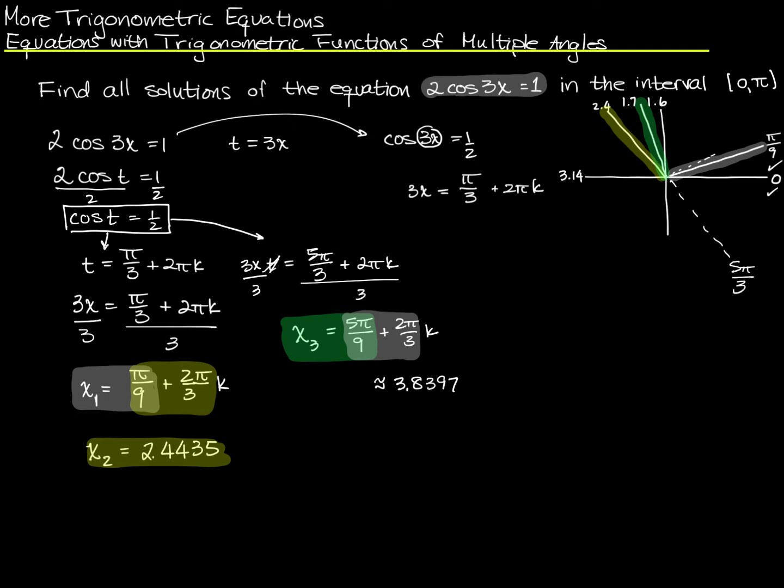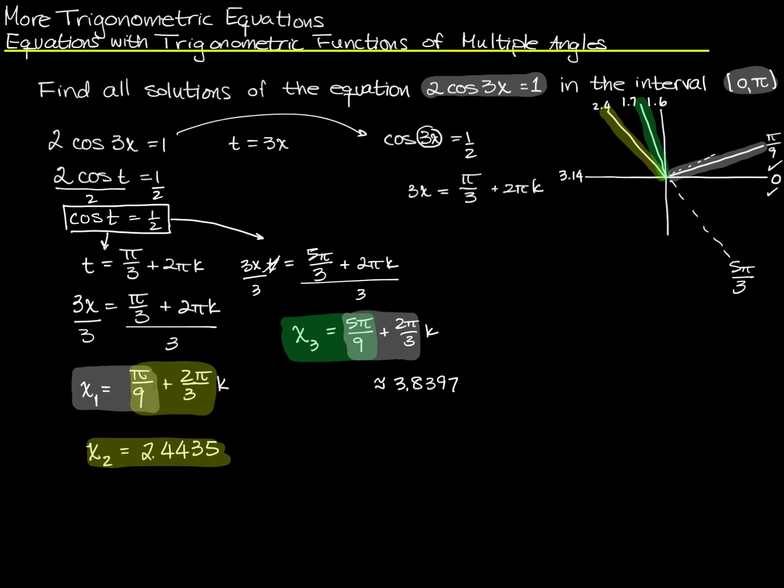Remember, I was asked to find solutions in the interval from 0 to pi. If I had a solution that was exactly pi, I would not include it, right? Because this is a parenthesis, not a bracket. But anything smaller than pi, as long as it's bigger than 0, those are the solutions I want.